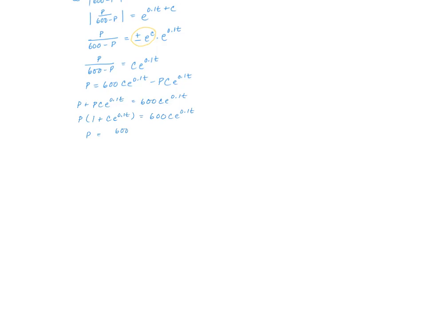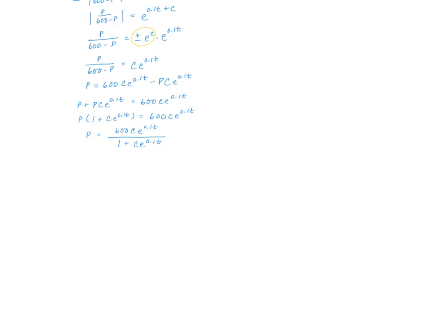It doesn't look nice though. And the problem is that I've got c times e to the 0.1t in both the numerator and the denominator. So although this is correct, and I did get the p by itself, and this is the general solution, I can clean it up a little bit.